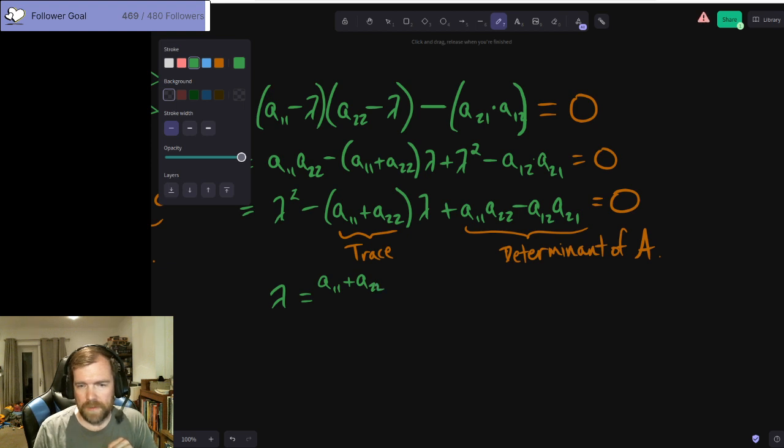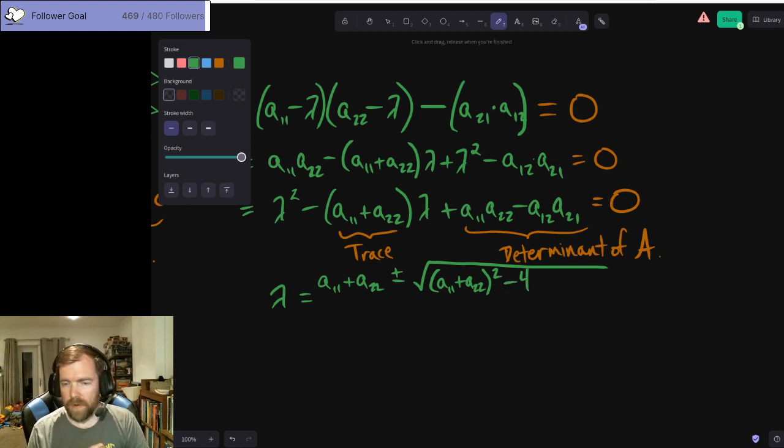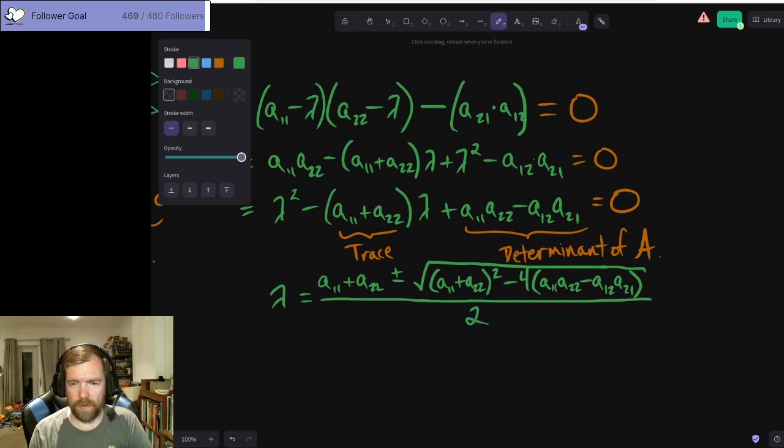A11 plus A22 plus or minus the square root of that same thing squared, minus 4 times A, which is 1, and it's always going to be 1, so that makes it kind of nice, times C, which is going to be our determinant of the original A. Again, A11, A22 minus A12, A21. And now all of this ends up being over 2.